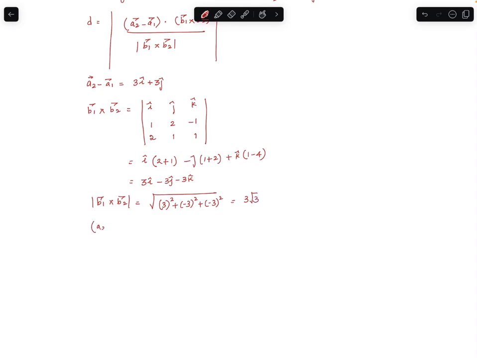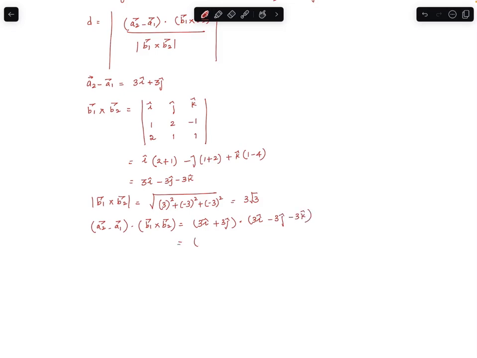The dot product of the difference and the cross product is equal to (3i plus 3j) dot (3i minus 3j minus 3k).